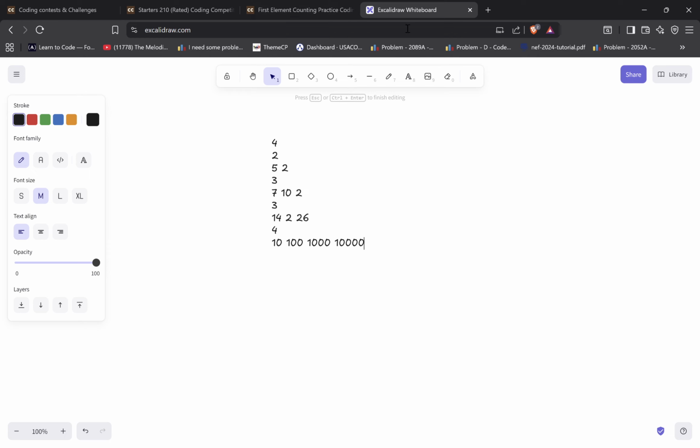So the observation is, if I have anything above the maximum number, in this case the maximum number is 5, so anything above 5, take 6, 7, 8, 9, 10, any number.